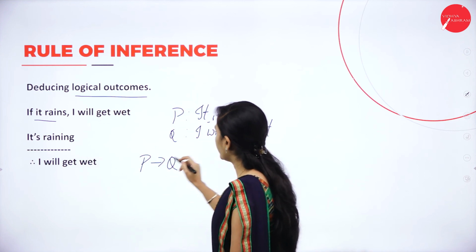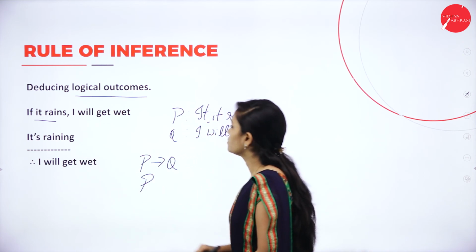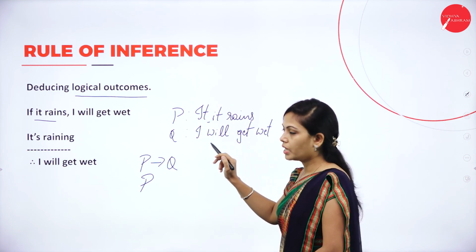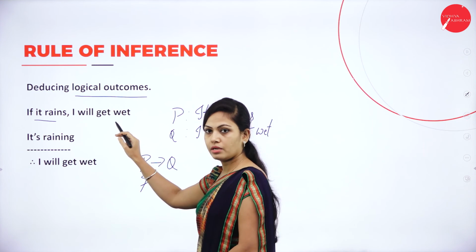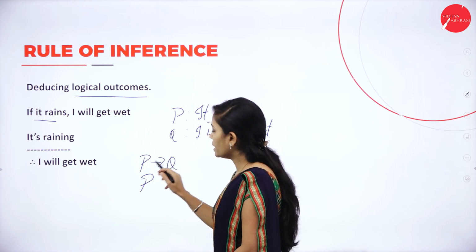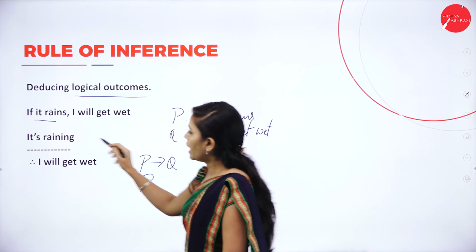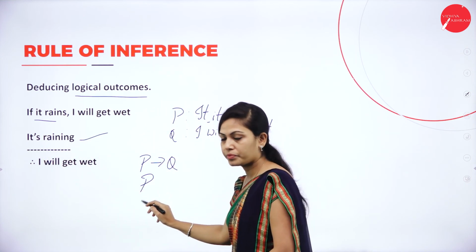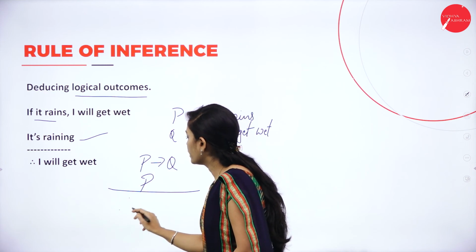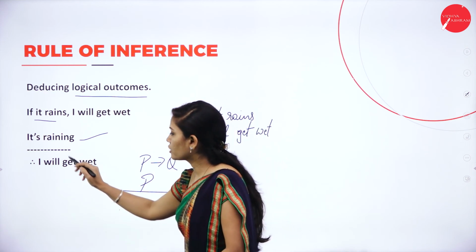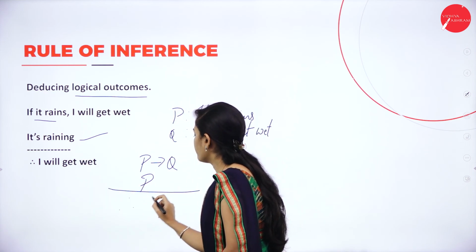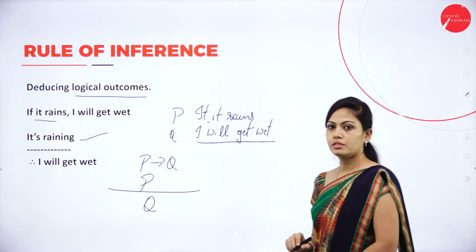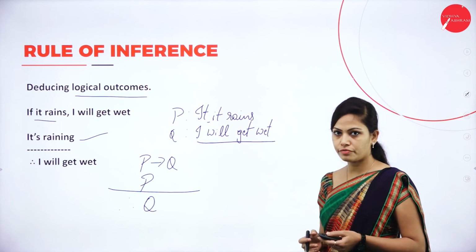It's raining means the statement P. The logical implication is P implies Q, and for it's raining the statement is P. So we get the conclusion, therefore, I will get wet. I will get wet is the statement Q. This is one example for rule of inference.